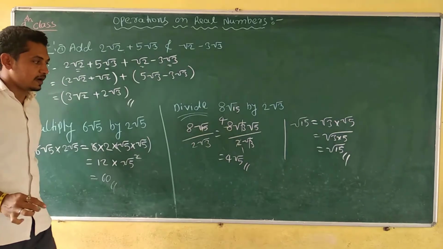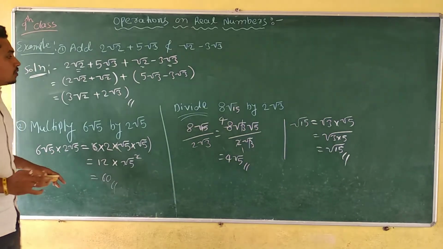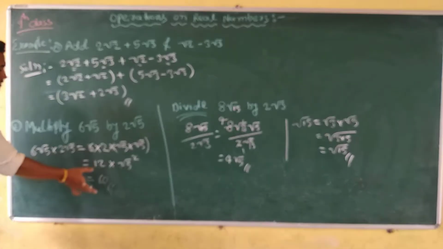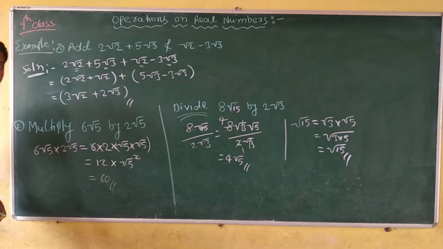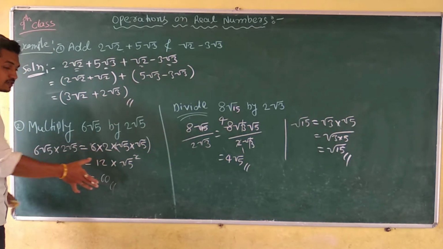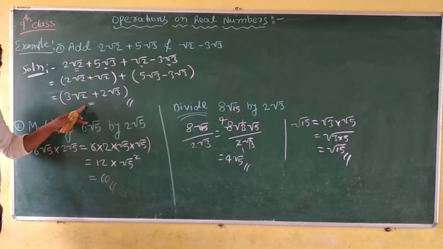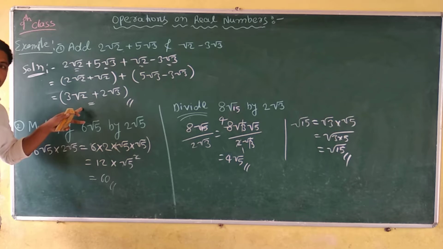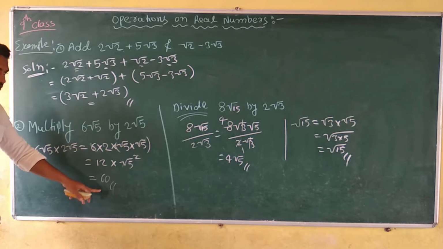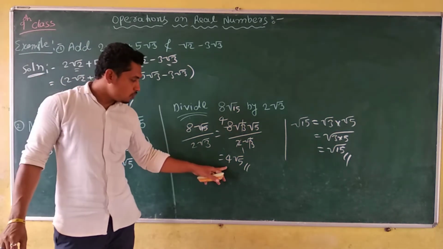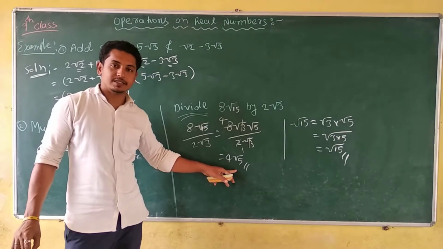Now we have to observe these three answers. The first answer is a non-terminating, non-recurring decimal expansion, which means it is an irrational number. 60 is a rational number, and 4 root 5 is also an irrational number.